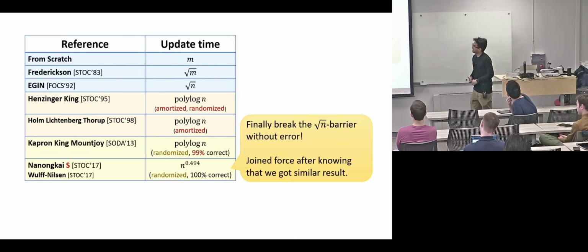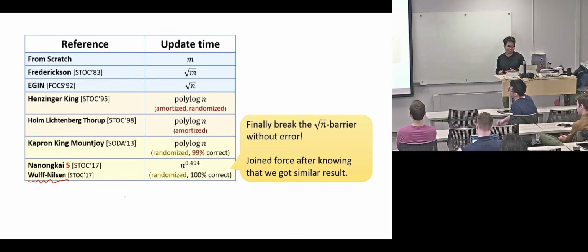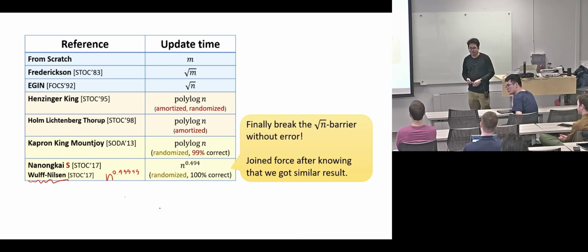But interestingly, at the same time, there was another guy, now a friend, Christian Wulff-Nilsen. He also showed a similar result. He can get a running time of something like n to the 0.4999, but for a harder problem, minimum spanning tree, minimum spanning forest, not just some spanning forest, but minimum.